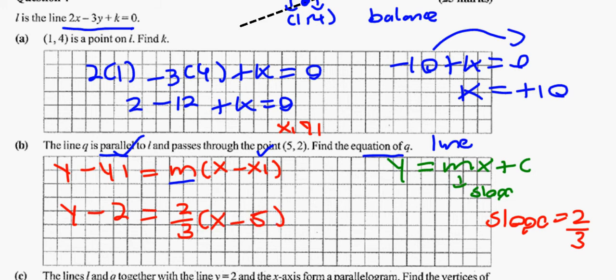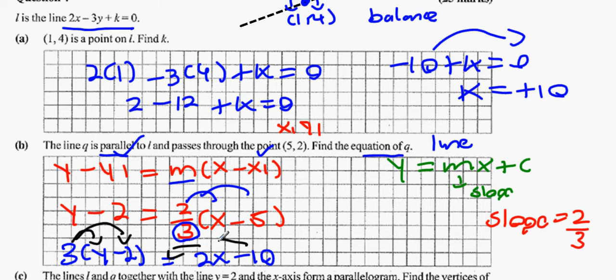It's divided by 3 on the right, which means it's multiplied by 3 on the left. Multiply 2 in here and we get 2x minus 10. So we're going to multiply this out and bring the 2x and the minus 10 over the other side.